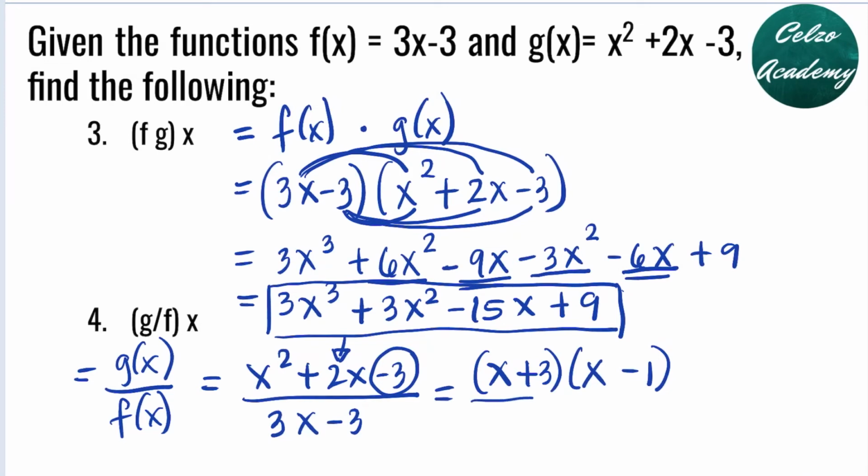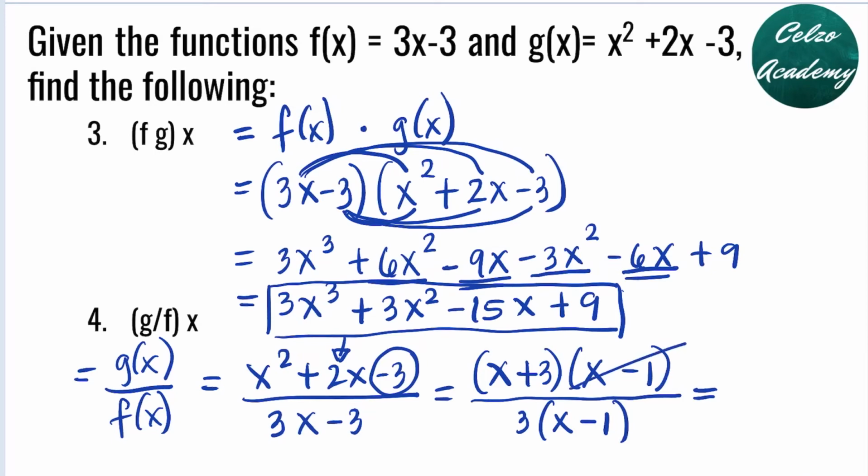For the denominator 3x minus 3, we need to find the GCF or the greatest common factor. The GCF here is 3, so we have 3 times x minus 1. 3 times x is 3x, 3 times negative 1 is negative 3. What do you notice in this factored form? We have x minus 1 on the numerator and x minus 1 on the denominator.